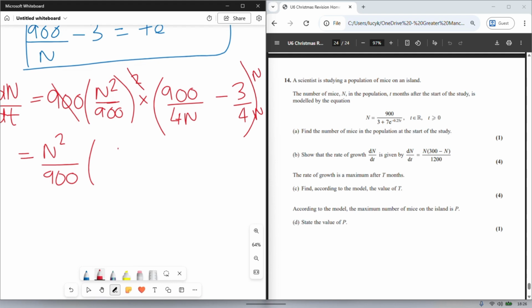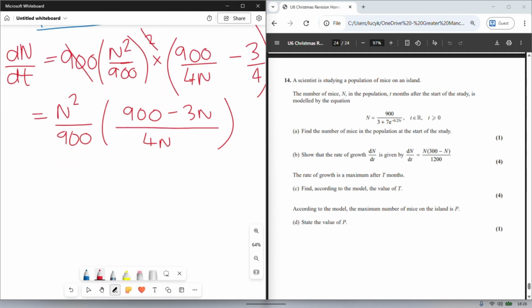So that will be 900 minus 3n all over 4n, like so. And then we can multiply that together. So that will become n squared over 900 times 900 minus 3n over 4n.